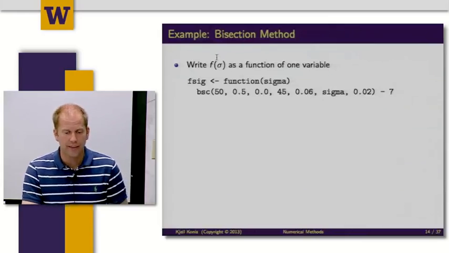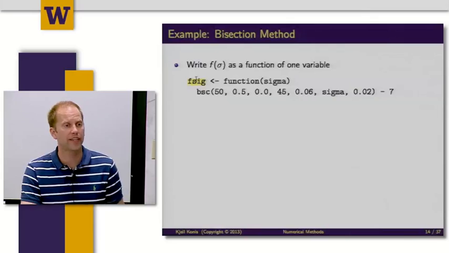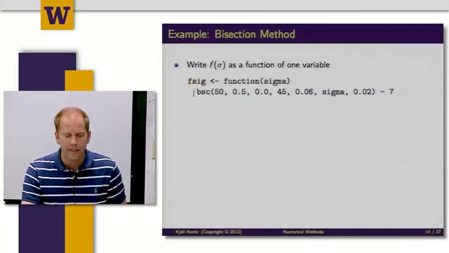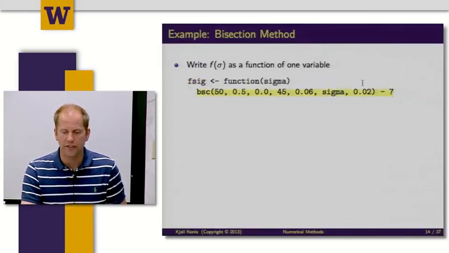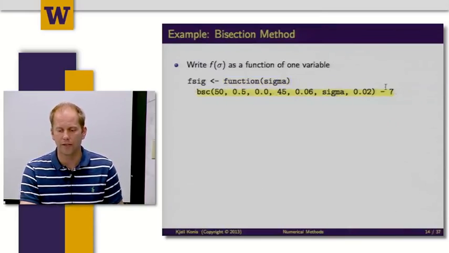And so let's see how it works on the same example that I solved just using the plot last time. Now, instead of f sig just being this thing evaluated a whole bunch of times from 0.05 to 0.5, I'm going to make it a function. It's a function of one variable, sigma, so everything else is fixed. And it's just going to give me the Black-Scholes call price at that value of sigma minus 7.